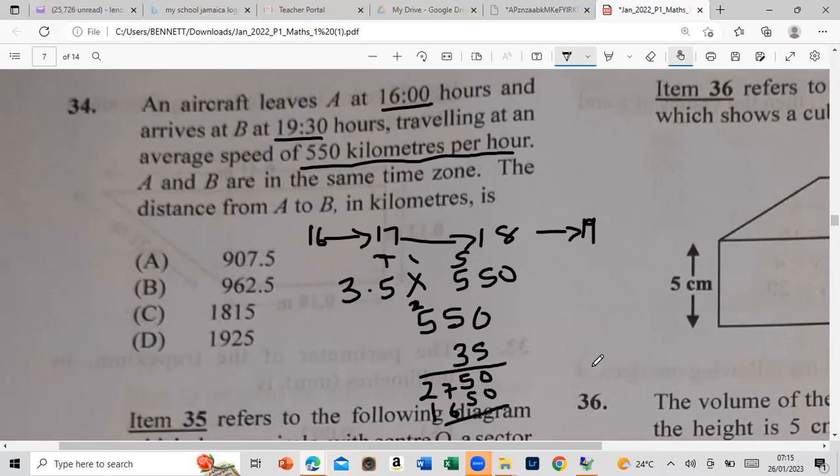So we have 0, 5 and 5, 10, carry 1. Oh, what is this?